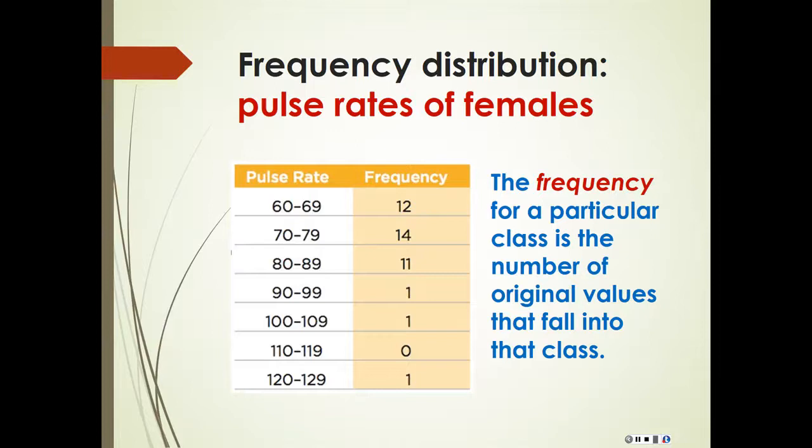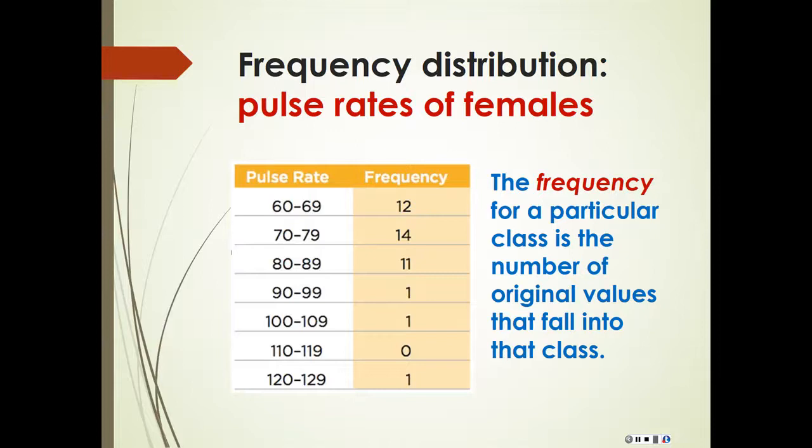Now, once I've got this table, I can start to see some information about my pulse rates. I could begin to answer some questions. Is it common that a woman has a pulse rate over 100? Oh, these are the ones that are over 100. There's only 2 women out of that whole group that had pulse rates over 100.